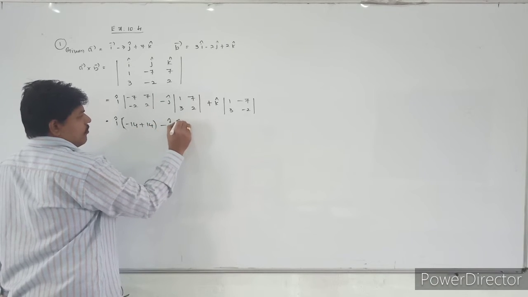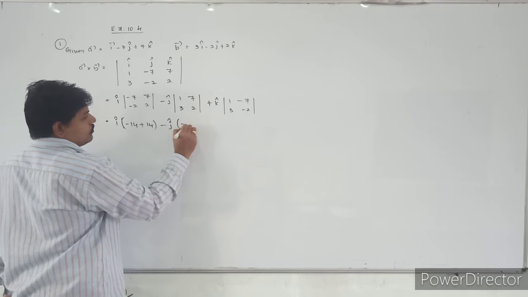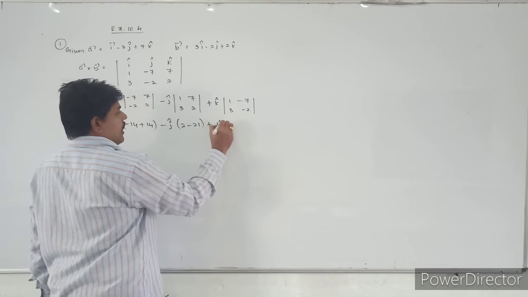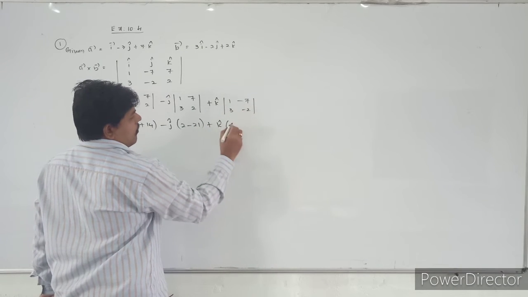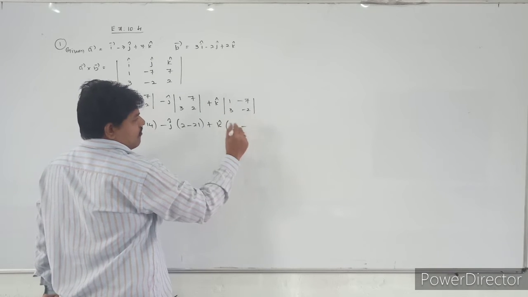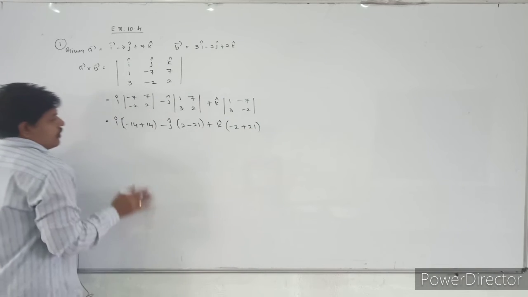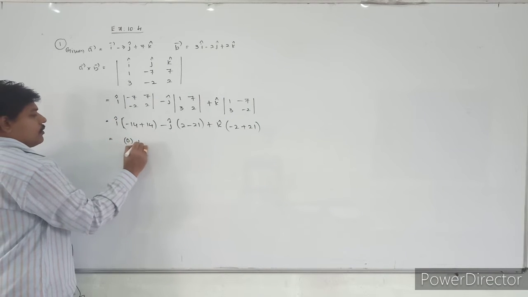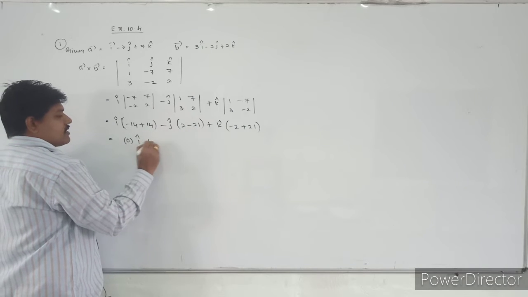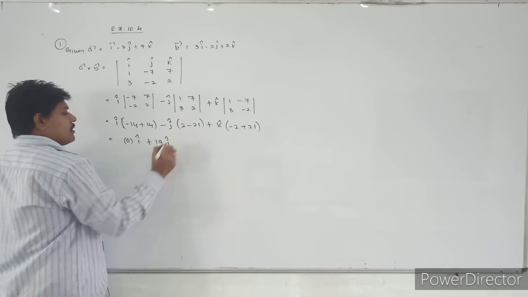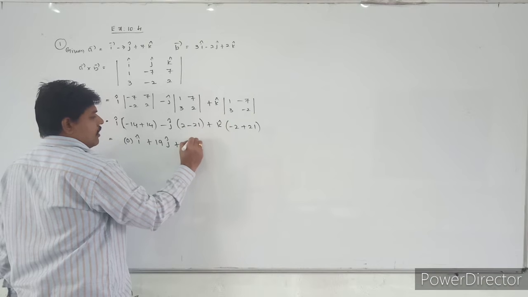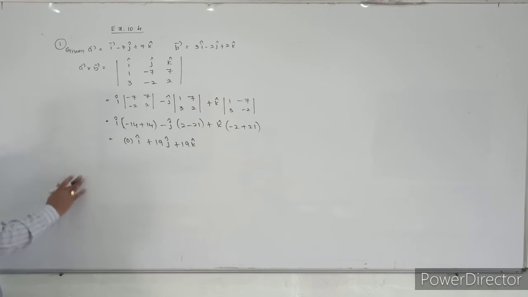Minus j cap into 2 minus 21. Plus k cap into minus 2 minus 3 into minus 7, that is minus 2 plus 21. So that implies 0 i cap plus 19 j cap plus 19 k cap. That is A bar cross B bar.